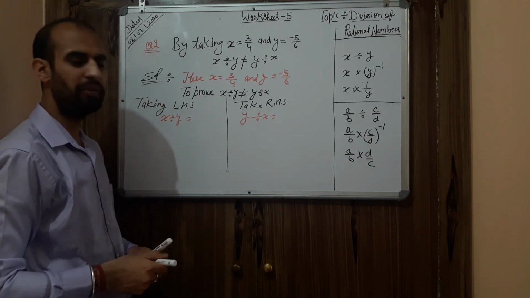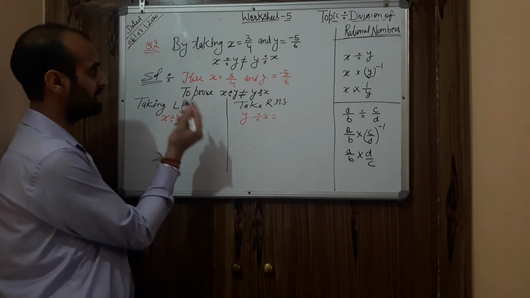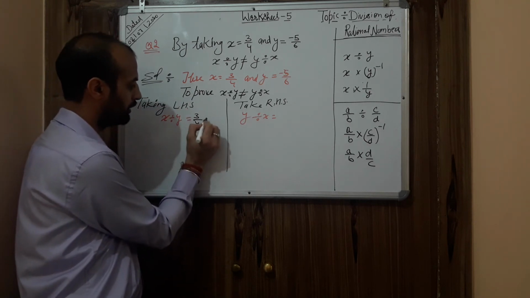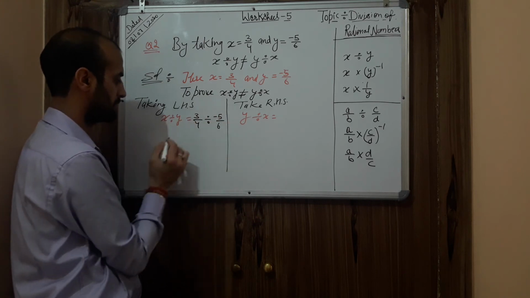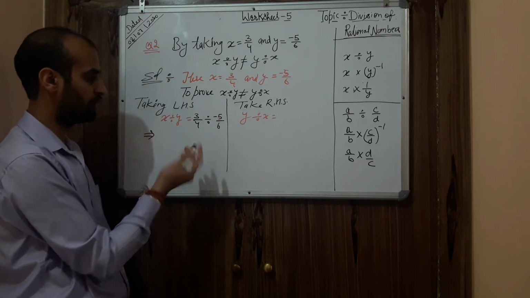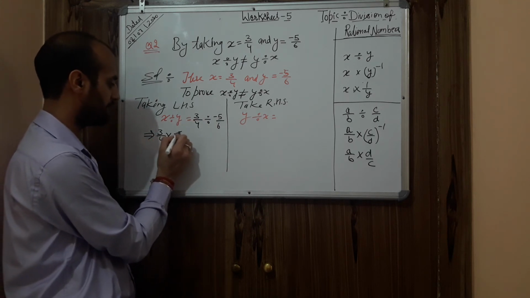In a simple way it is two questions and we are going to check the answers. So x is 3 upon 4 divided by the next term, minus 5 upon 6. What to do, as I told you: take the reciprocal of the second one and put the multiply sign.